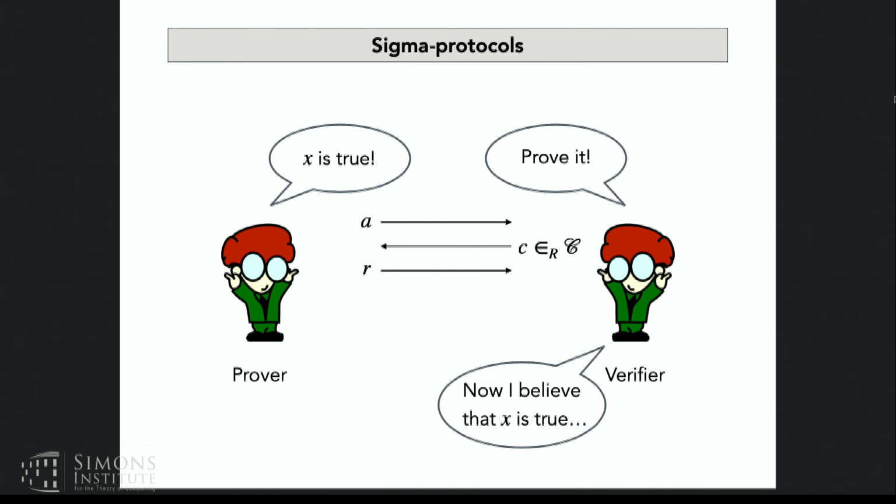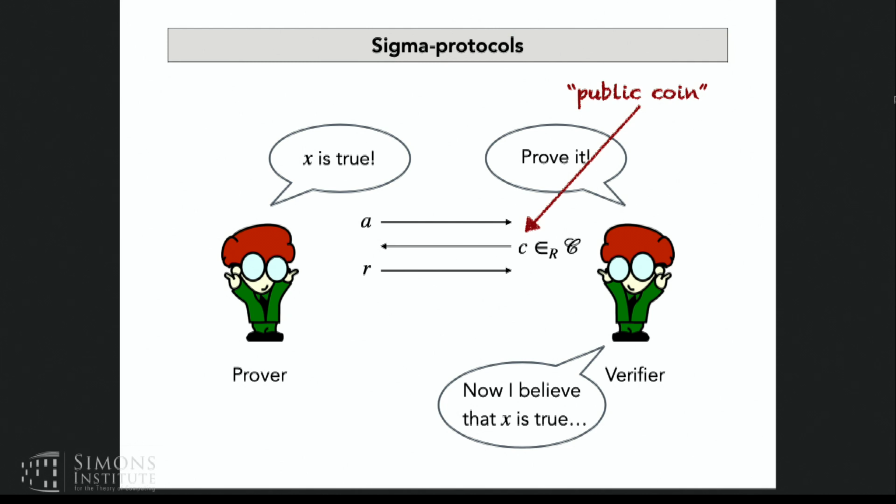Note that in general it may be difficult to determine whether x is true, and the verifier may not have sufficient computational power to do that. But maybe the prover knows it, and he can prove it to the verifier without the verifier being able to compute the solution himself.